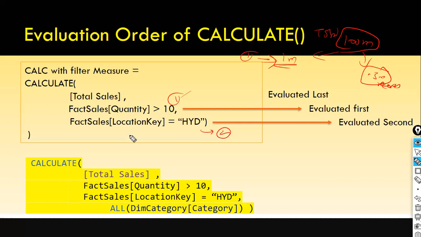As per the order in DAX, it applies the innermost filter first, and then the outermost. This is how it works, fine. But we know the domain, we know the business.